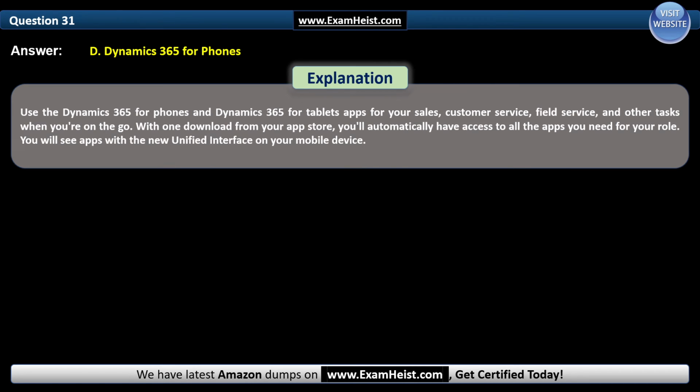Use the Dynamics 365 for phones and Dynamics 365 for tablets app for your sales, customer service, field service, and other tasks when you are on the go. With one download from your app store, you shall automatically have access to all the apps you need for your role. You will see apps with the new unified interface on your mobile device.